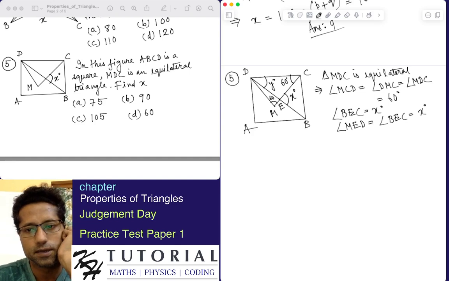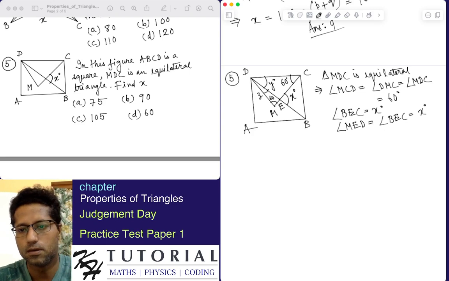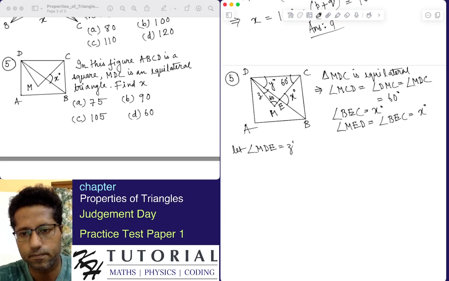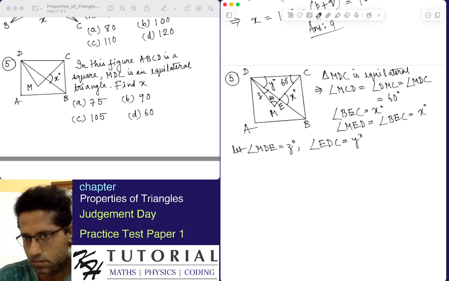The figure is looking very clumsy. Let angle MDE be equal to Z degree, and angle EDC be equal to Y degree.